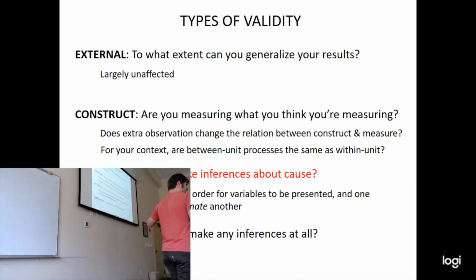Another way this can surface is through order. You can only experience one thing at a time usually. Some manipulations you can present simultaneously, but often you have to experience things one at a time. And the order in which you do them can affect your behavior on subsequent iterations of the task.